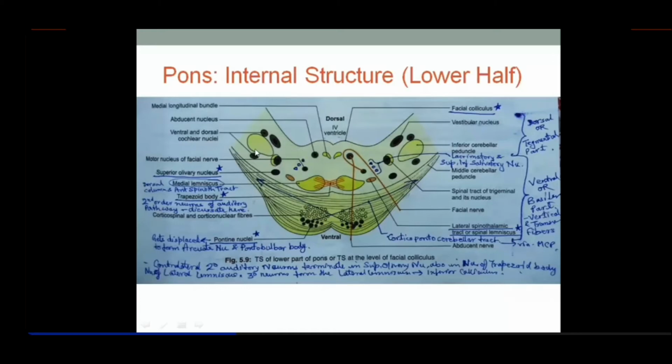Let's study the gray matter first, then we'll talk about the white matter. If you remember the functional columns, because I have been emphasizing many times that functional columns actually help you learn the placement and the localization of the nuclei in the brainstem.